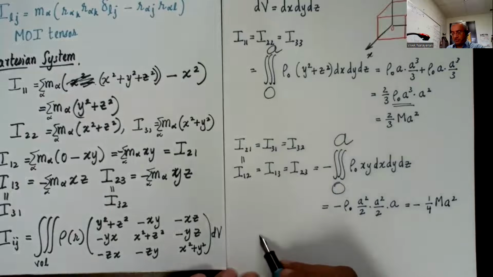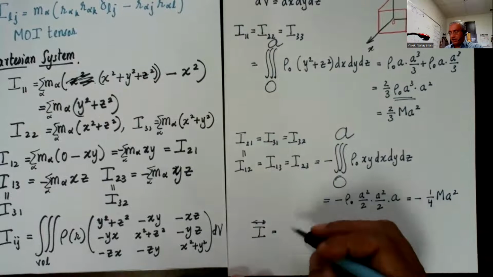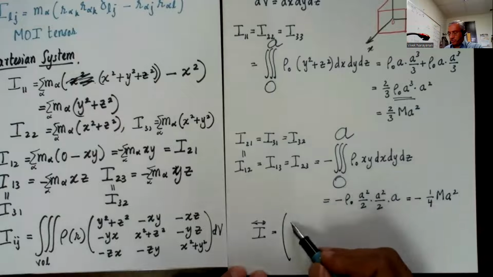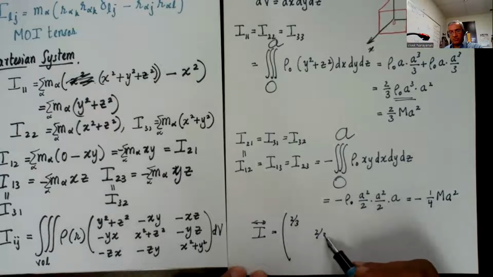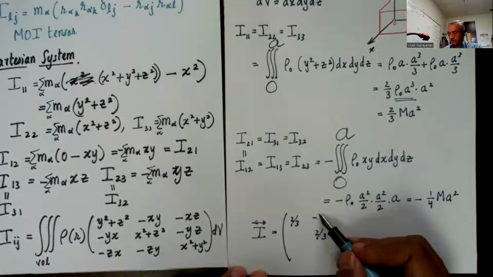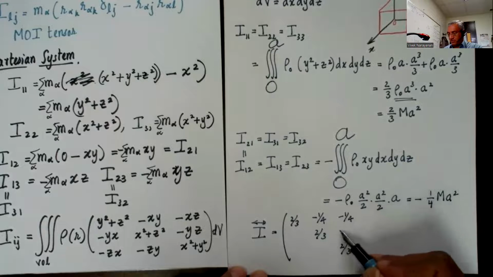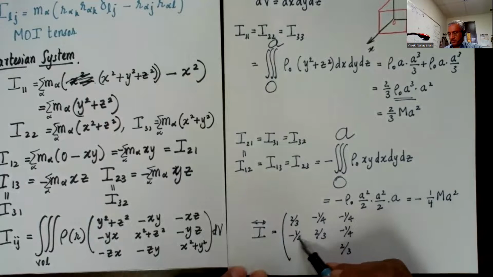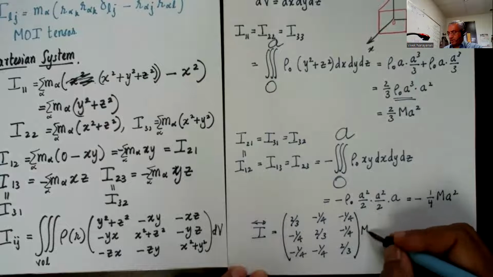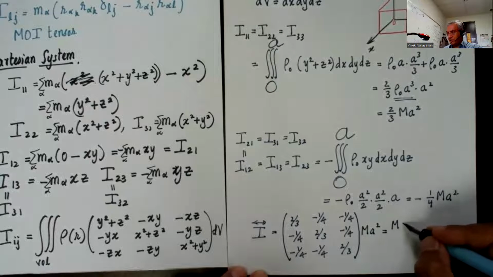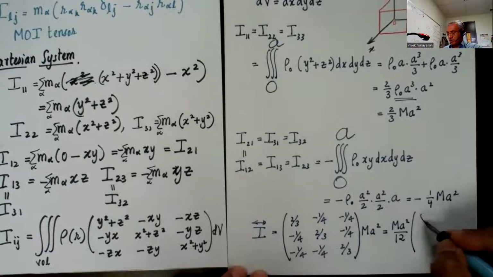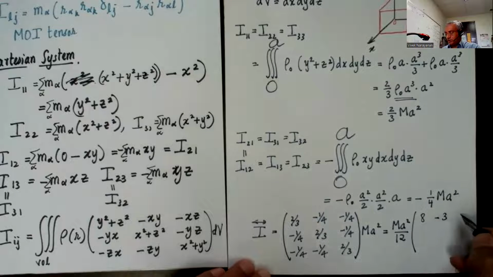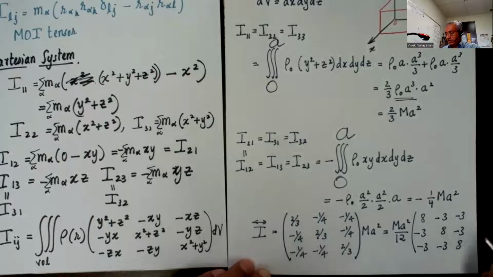We have found the moment of inertia tensor. Let me write it in the dyadic notation. I dyad is going to be 2/3 along the main diagonal and negative 1/4 everywhere else, times ma squared, and that's going to be ma squared over 12 times 8 minus 3 minus 3, because 12 is a common denominator, minus 3, 8, minus 3, minus 3, minus 3, 8.